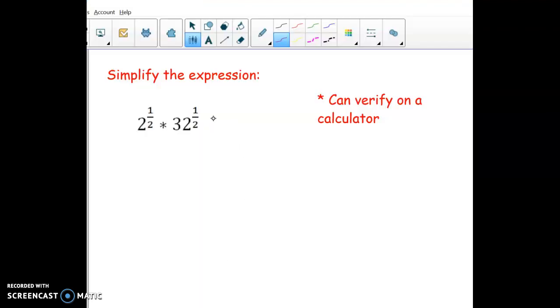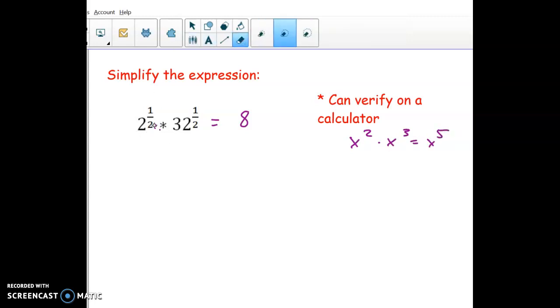So we know that this is going to equal 8, but let's see if we can use our rules to figure out why. Normally when you're multiplying, you add the exponents, but they have to have the same base in order to do that. Since these two are different bases, we're not able to do that.